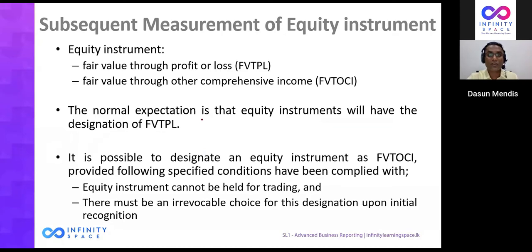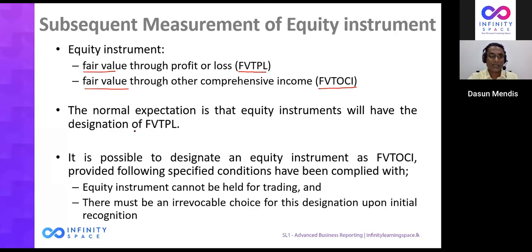The other one is fair value through other comprehensive income, FVTOCI, which some people refer to as FVOCI. In both cases, the important point is you fair value the investment. Then the normal expectation is that all equity financial assets are measured under the designation of FVTPL.